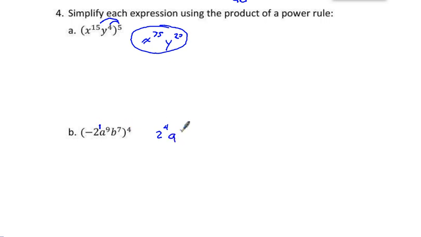A to the 9 times 4. B to the 7 times 4. And ultimately we can simplify: 2 to the 4th power is 16, a to the 36th, b to the 28th. Final answer.